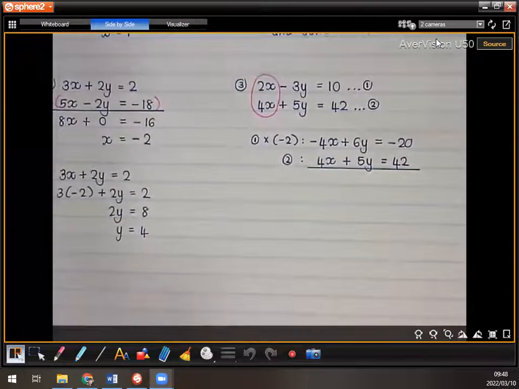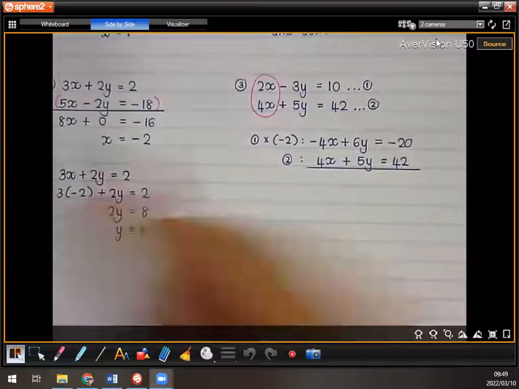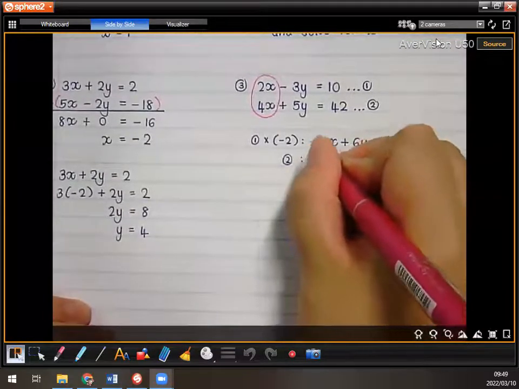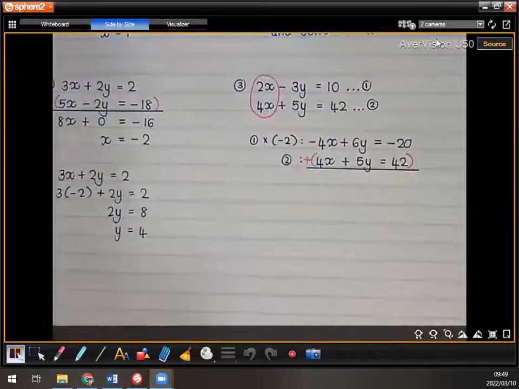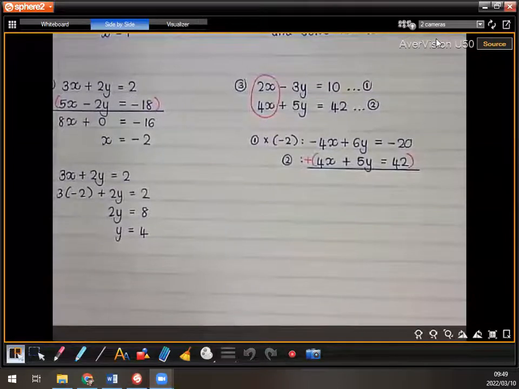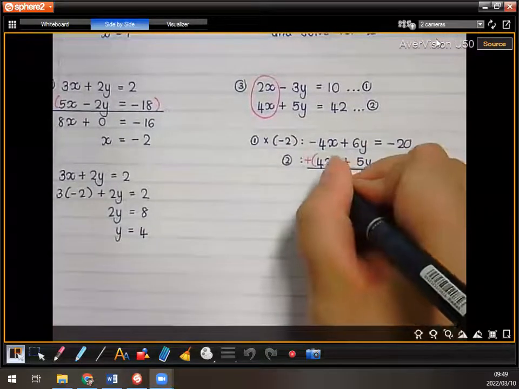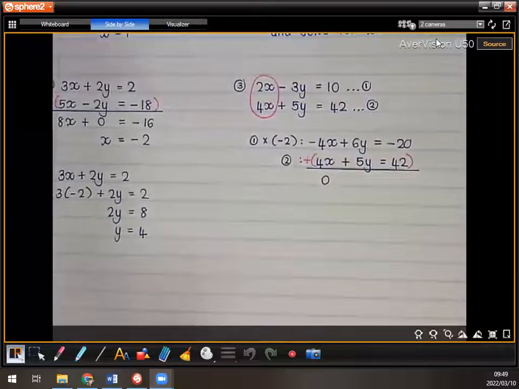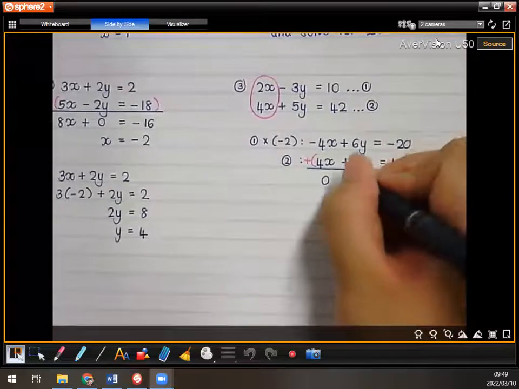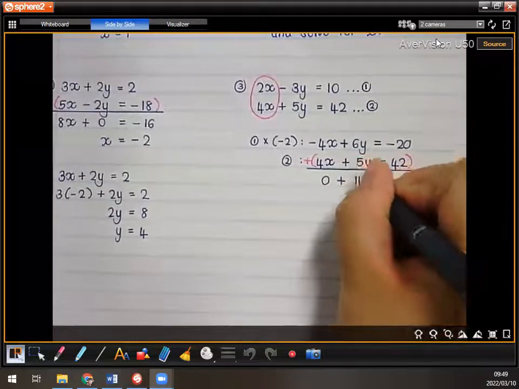So I'm adding the second equation to the first one. If you want to, you can again put a plus there if you have space and put brackets around it. Negative 4x plus 4x is 0. 6y plus 5y is positive 11y.